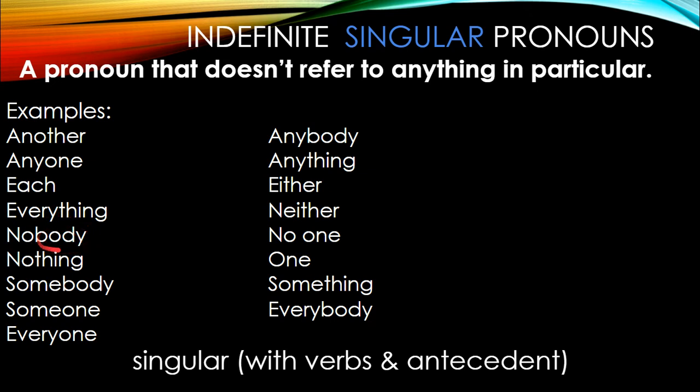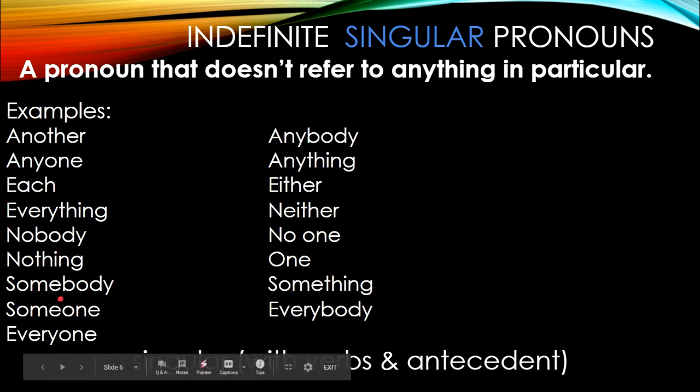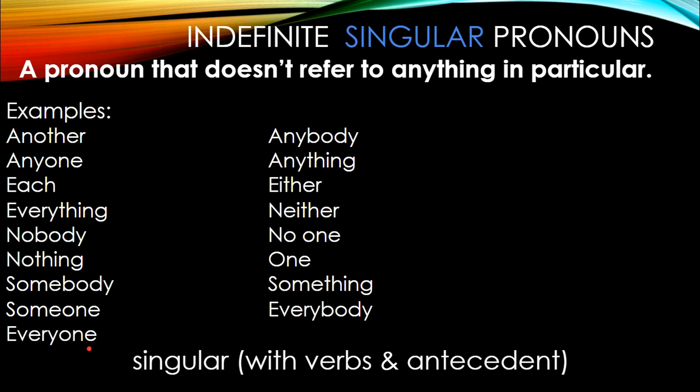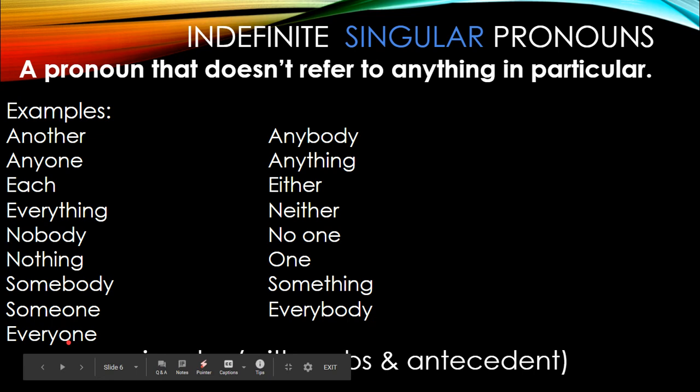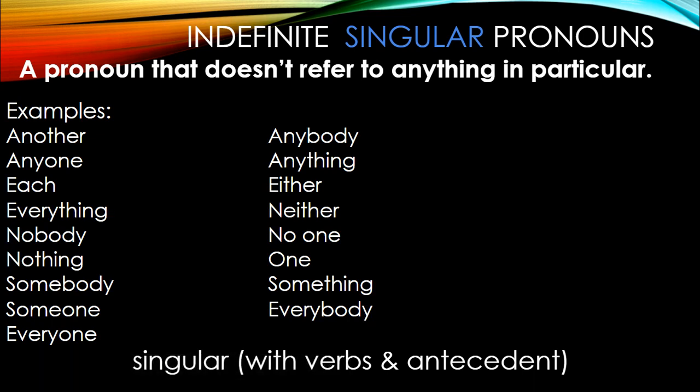Nobody is singular. All of these are singular. Every one of you needs to listen to his assignment, his lesson, or her lesson. So we're just going to have to look at these and study them a little bit and know that these indefinite pronouns are all singular.